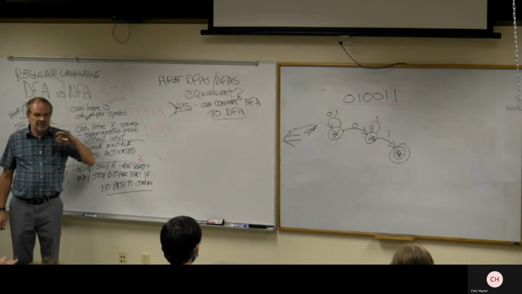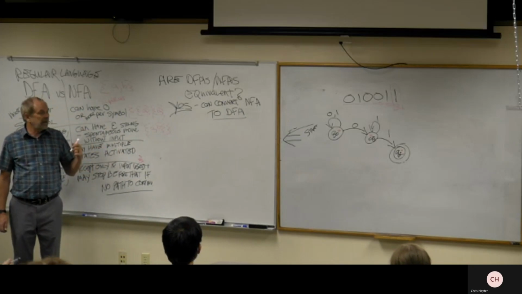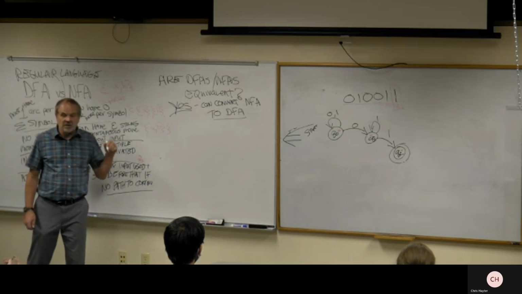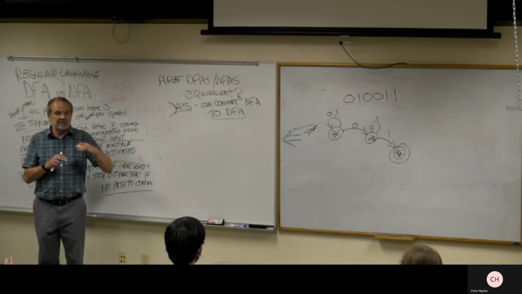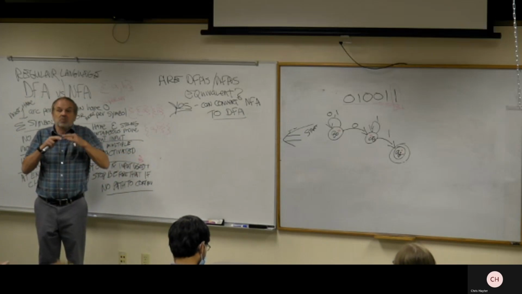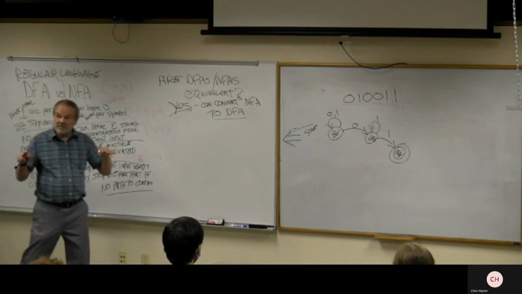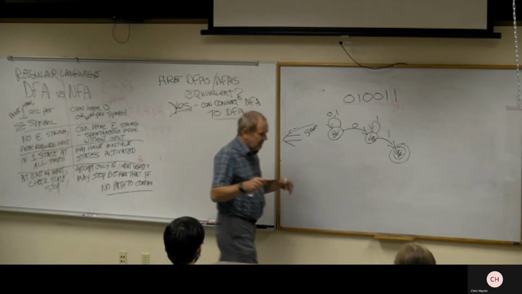So there's a purpose here for going through and showing the activation, because you could see the different states could be activated at the same time, and that's what we have to build here.